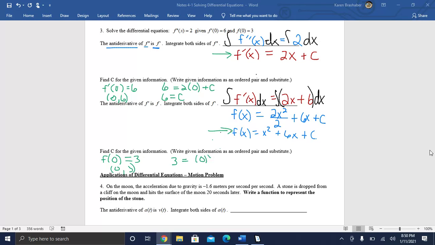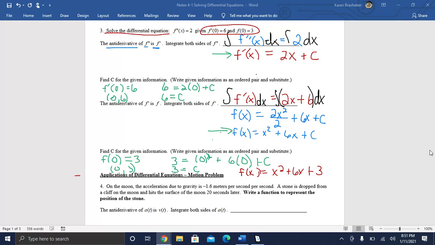So we'll have 0 squared plus 6 times 0 plus c, and that will give us a 3 for our c value. And so our solution to this differential equation with the given information that we want our final graph to go through the ordered pair 0, 3, or to have that y-intercept would be f of x equals x squared plus 6x plus 3.